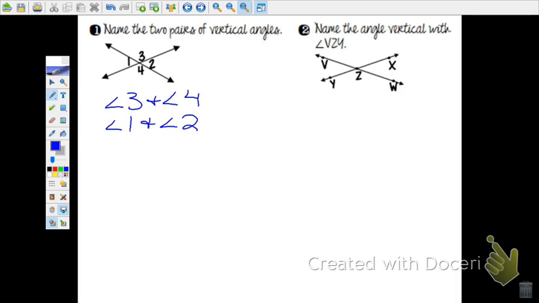Number 2, name the angle vertical with angle VZY. So what angle is vertical to angle VZY?